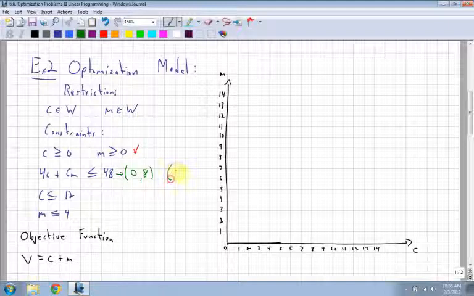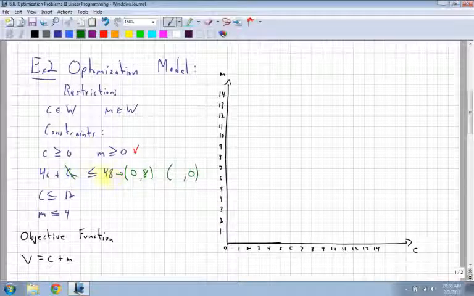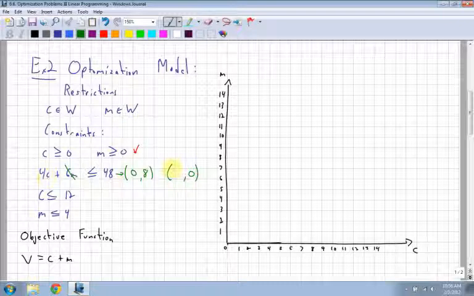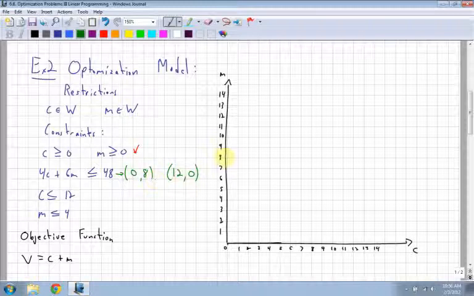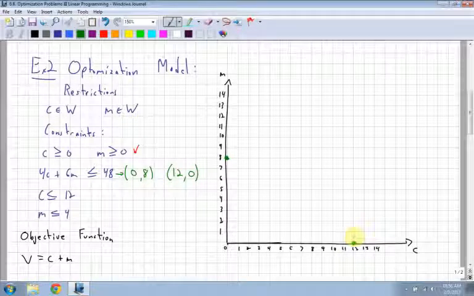Next one I do is I plug a 0 into the m value. So it's like that one's gone. If I plug a 0 in there, then I solve for c. 4c is equal to 48, which means c has to be equal to 12. So this gives me my 2 intercept points at (0, 8), which is up here, and at (12, 0), which is over here.